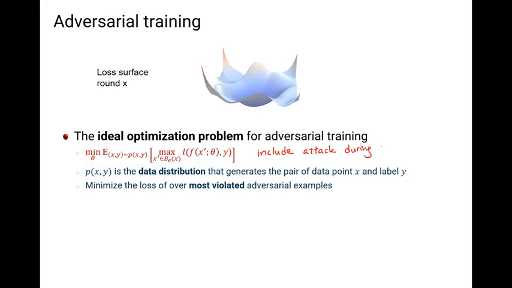If we know that we're probably going to be attacked by this adversarial example, we should simulate it. A better word is simulate. We can simulate this attack during the training. And this is exactly what this left equation is saying.